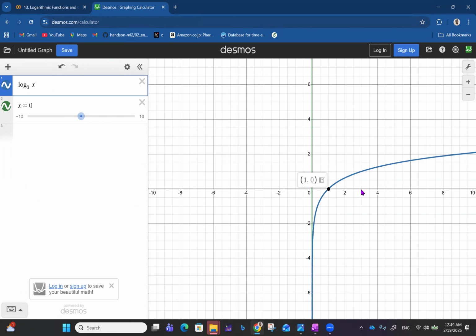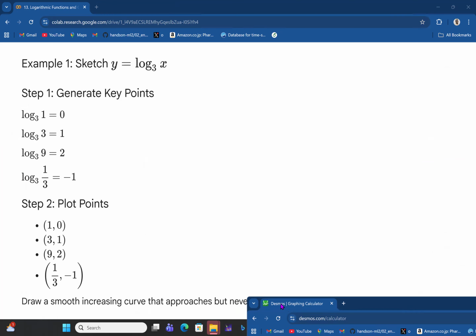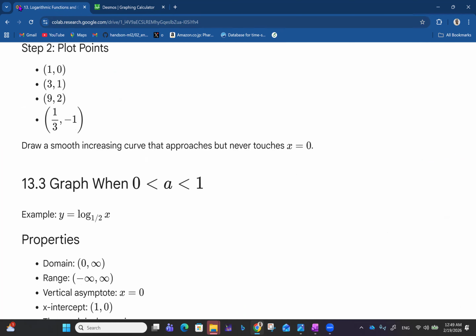We have 3 here, then we have 9 and 2, should be somewhere here. This is (9, 2), and so on and so forth, right? But Desmos has nicely drawn this for us.